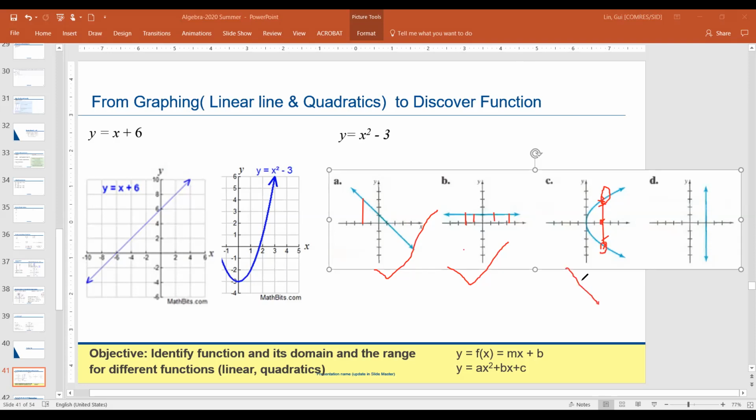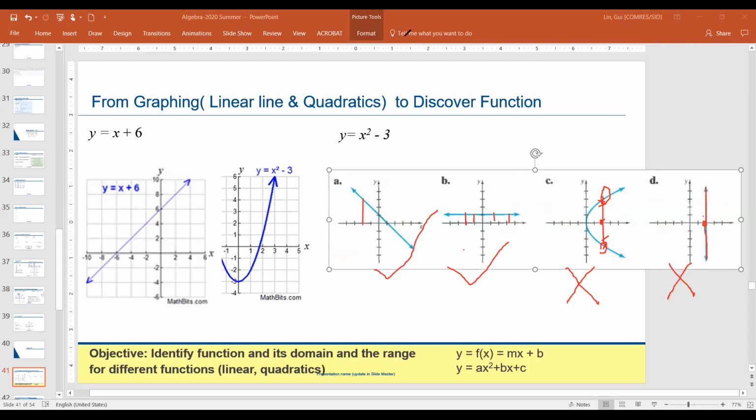So this is a non-function, okay? Because you input one x and generated two y's. What about this one? You input one x and have multiple y's, a lot of y's. So this is not a function, okay?